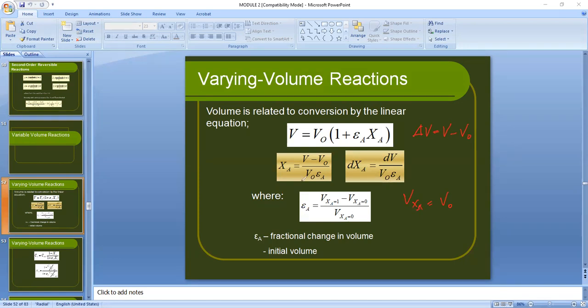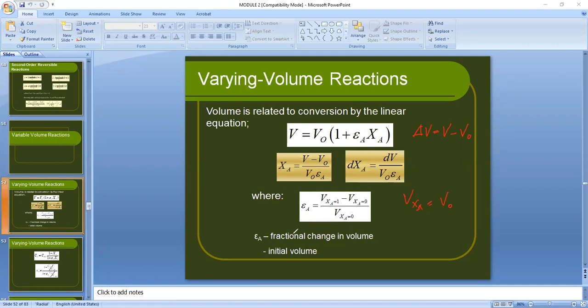If you can still recall from your kinetics last year, there are two ways in which you will determine the fractional change in the volume. It is more straightforward if the reaction starts with pure A, where A is your reactant, meaning you don't have inerts or other contaminants that are not converted into the product present initially in your system.